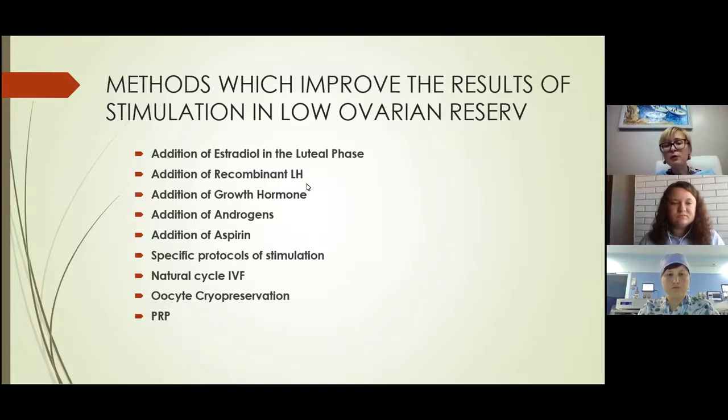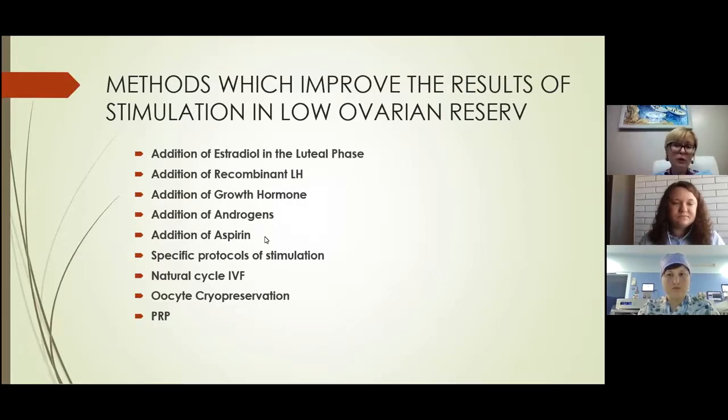In some cases, we can add growth hormone, which increases the sensitivity of the FSH receptor of the ovary, and this ovary becomes more sensitive to our stimulation. In some cases, we can add androgens because female hormones, estradiol, are produced from androgens, and it may also improve the quantity of antral follicles.